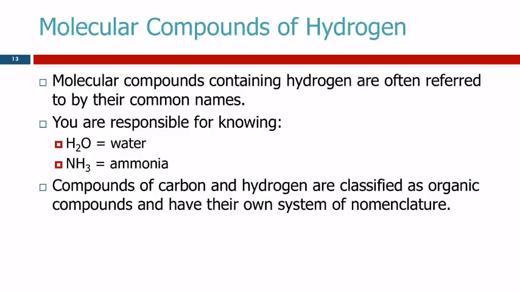And then there's a whole big group of chemicals that are classified as organic chemicals, and they contain carbon and hydrogen. They have a whole other set of naming, because this system for the binary molecular compounds is too simple for all the complexities of how they go together. And we're not going to worry about that in this class.